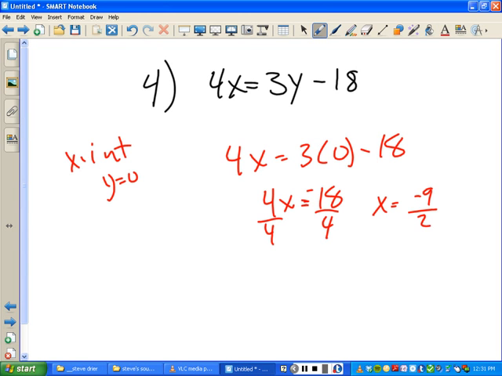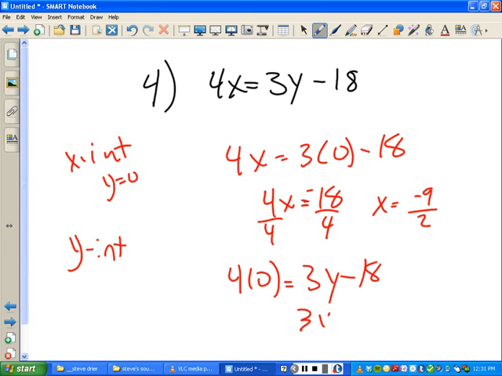To find the y-intercept, plug in x is 0, so 4 times 0 equals 3y minus 18, and then solve. A lot of people I will see go like this, 3y minus 18. Do not forget that this is equal to 0. Don't drop off the equal to 0 part.